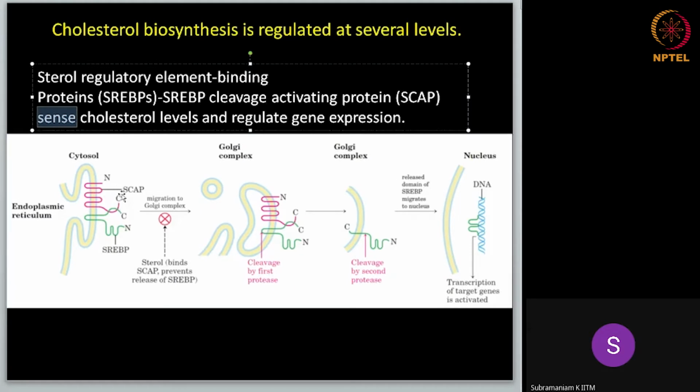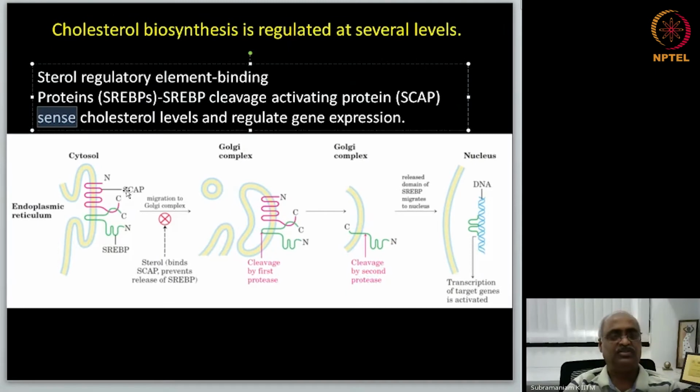When you have high cholesterol in the cytoplasm, SCAP is bound with cholesterol.